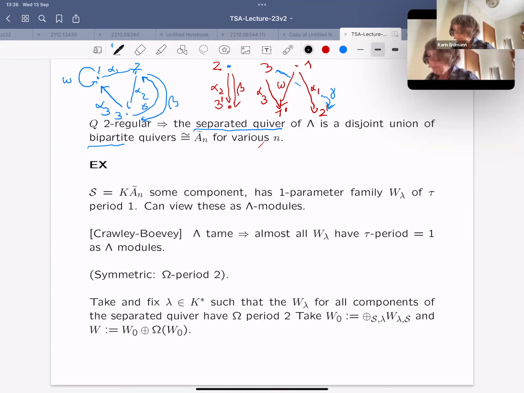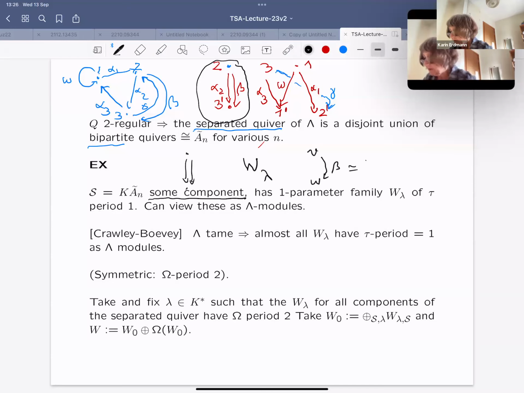And so, if I take one of these components here, this is the most interesting one perhaps, then it has a one-parameter family of modules of period 1. So in this example here, we can draw it very easily because this is just a Kronecker quiver. So we have a two-dimensional vector space, V and W. And here we have one action beta.